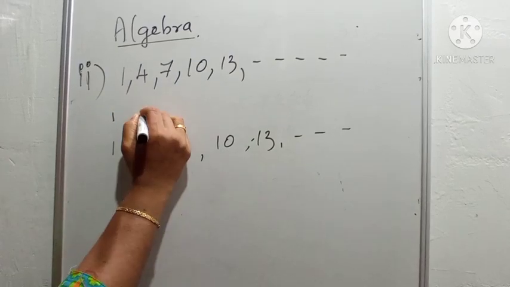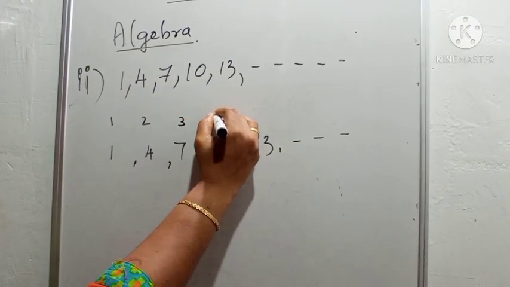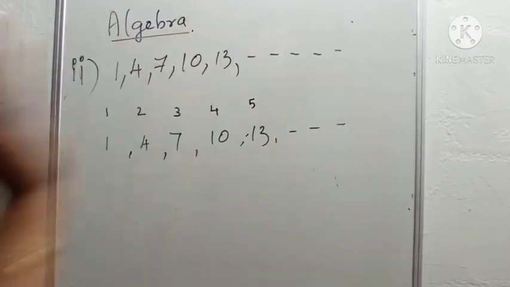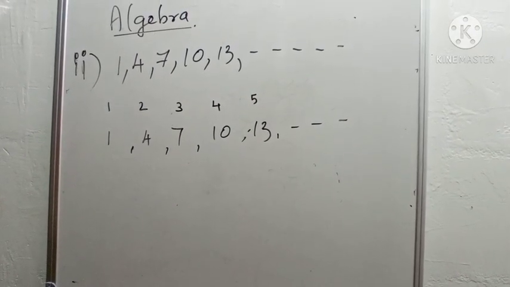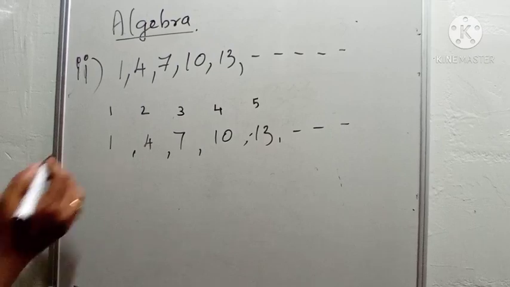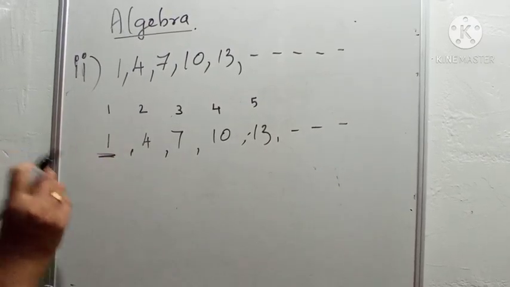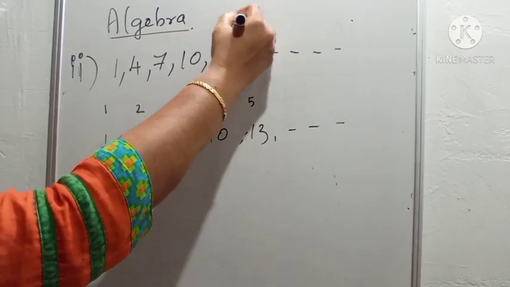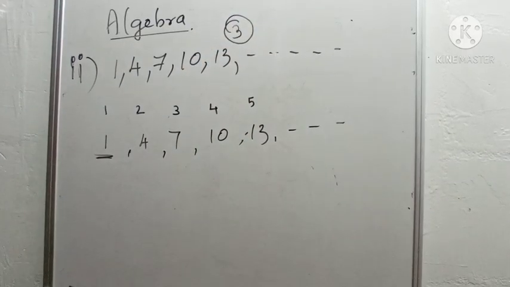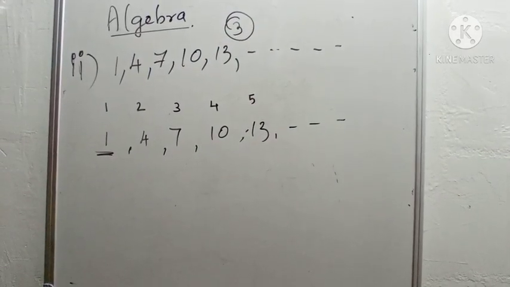This is the first position, second position, third position, fourth position, fifth position, etc. Then, how do we find the relation? See, these numbers, on division by 3, leave remainder 1.